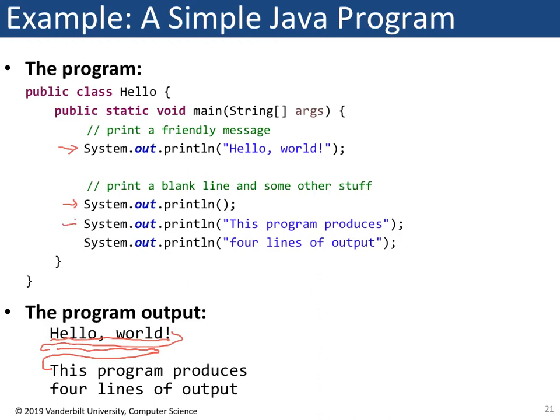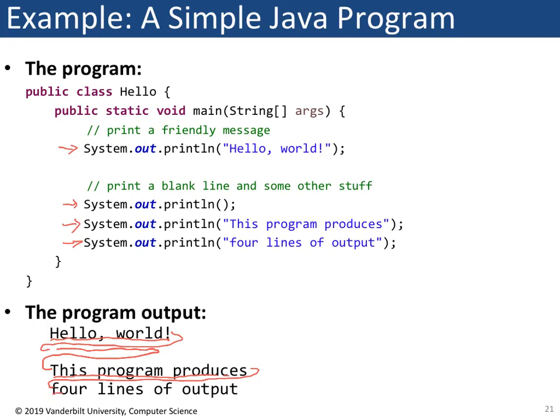The next statement is a print line containing the string literal this program produces. So we have this program produces followed by a new line. Then we have another print line statement which has the string literal 4 lines of output.